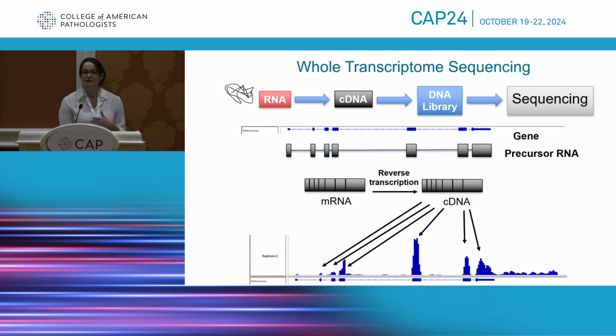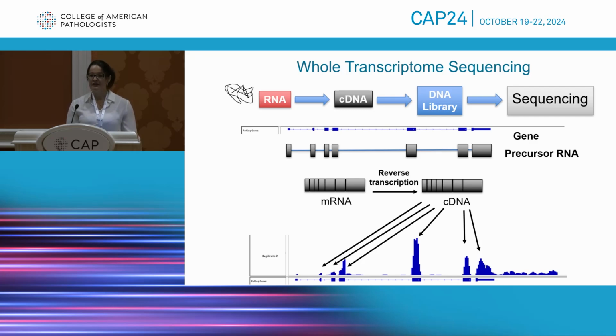So whole transcriptome sequencing refers to the analysis of all transcribed genes in the genome. Most of the whole transcriptome sequencing protocols to date have been developed on short-read sequencing, which is the most common method currently used in clinical laboratories.